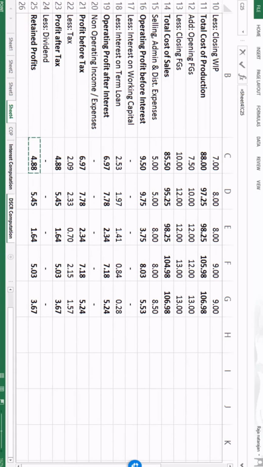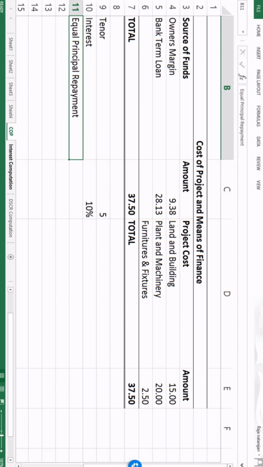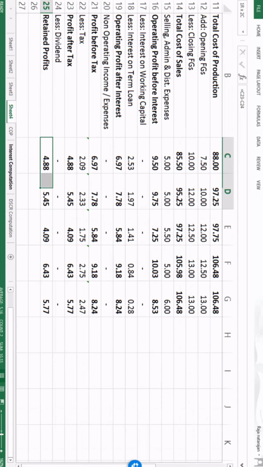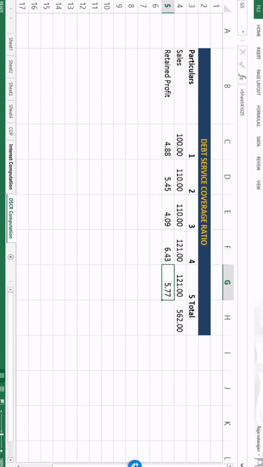Here it is 4.88 for year 1, 5.45 for year 2, 1.64 for year 3, 5.03 for year 4 and 3.67 for year 5. Some small corrections in retained profit have been taken care of. Coming back, this is all the retained profit, and if I total them, this is the position, which is 26.61.